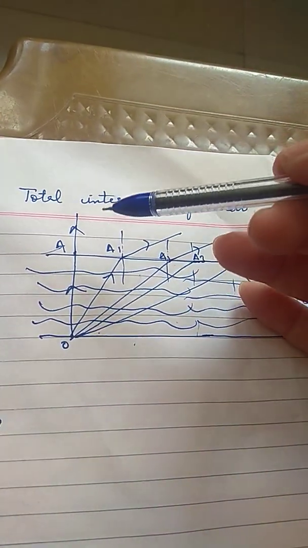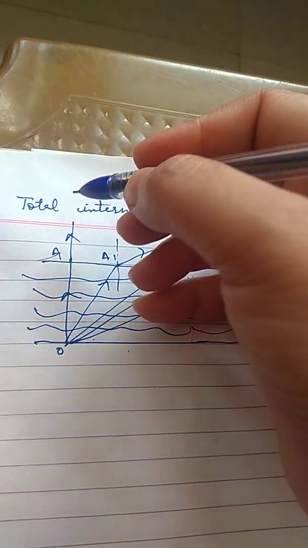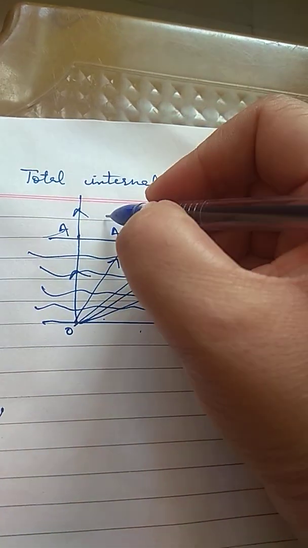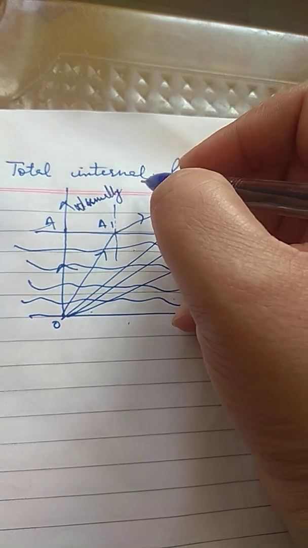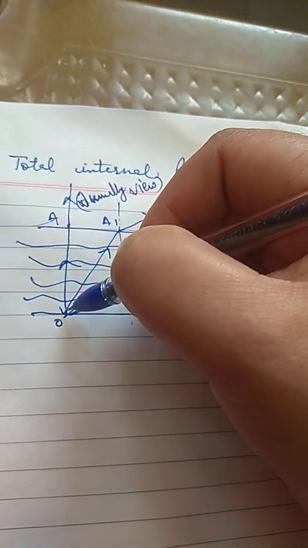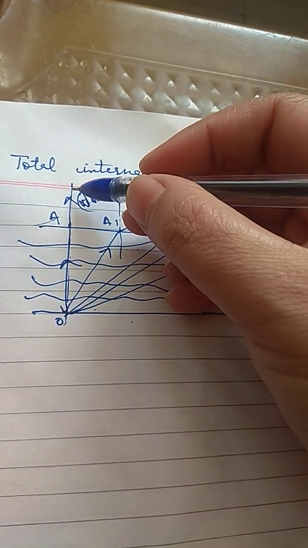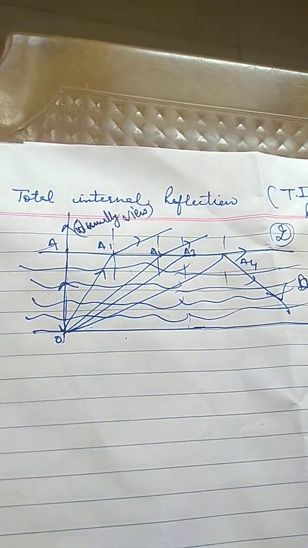when we observe from the outside, a ray of light, if we see this point obliquely, obliquely means normally, this is your normal view. When you see this object normally, then it goes without any deviation, without changing its path.